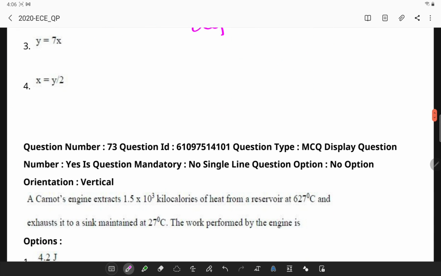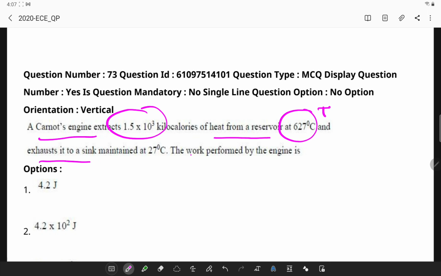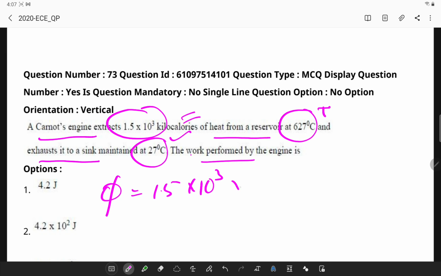Next, a Carnot engine extracts 1.5 into 10 power 3 kilocalories of heat from a reservoir of temperature given, and exhausts it into a sink maintained at 27 degrees. What is the work performed? Here the energy is 1.5 into 10 power 3 kilocalories, that is why I am writing 10 power 3 calories.